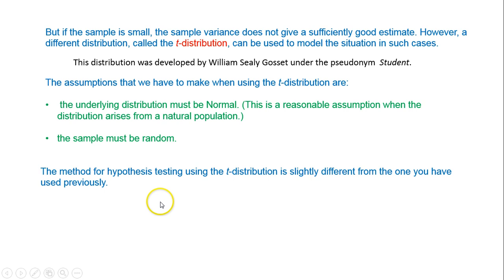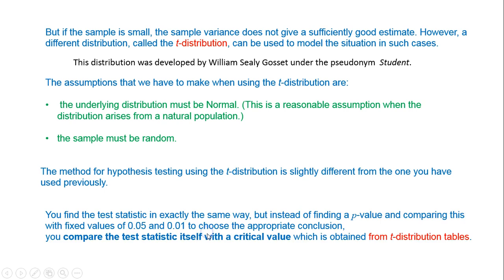The method for hypothesis testing using the t-distribution is slightly different from the one you have used previously. You find the test statistic in exactly the same way, but instead of finding the p-value and comparing this with fixed values of 0.05 and 0.01 to choose the appropriate conclusion, you compare the test statistic itself with a critical value, which is obtained from the t-distribution tables.